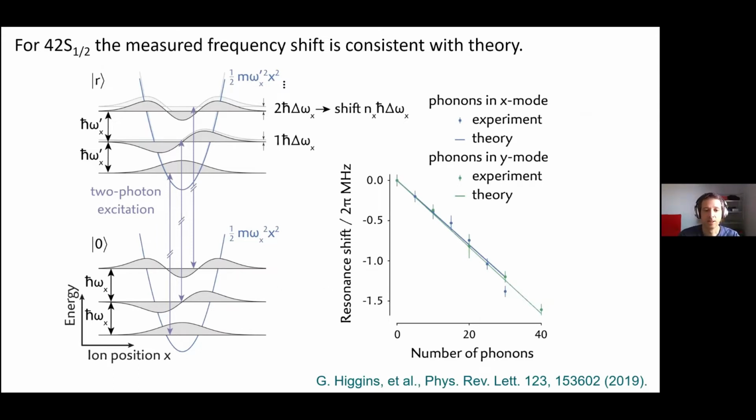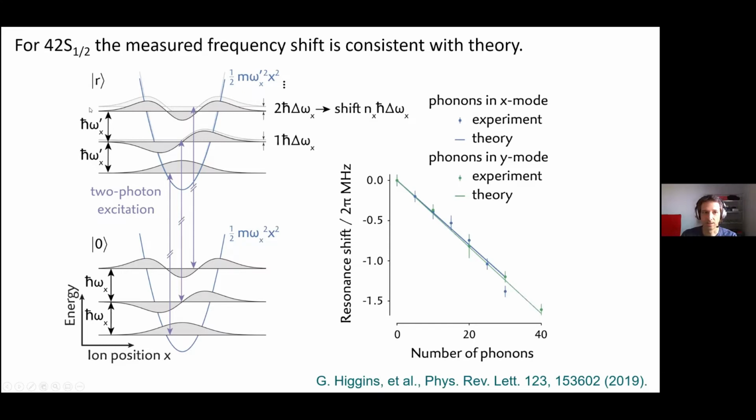2. And we can now actually prepare our ion in specific motional states, Fock states, and look at the resonance frequency of our transition. If we prepare different Fock states, we see that, depending on the Fock state, our resonance will shift slightly. And by that you know how much the trapping frequency of your Rydberg state differs from the ground state.